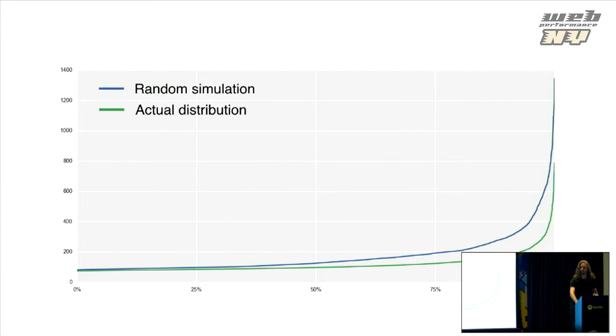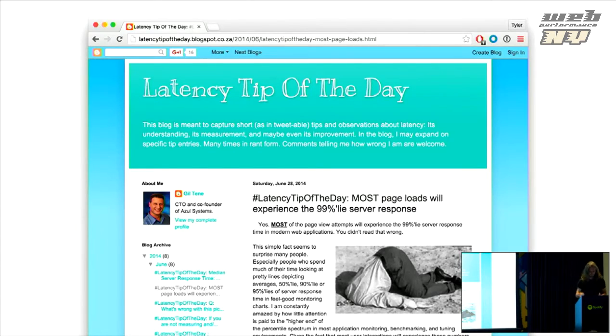But why does that end up mattering? Well, who here is familiar with Gil Tene? Yes, again, introducing really cool stuff. Okay, so Gil Tene has been writing about latency for a long, long time and has written some fantastic articles about why long-tail latency matters a lot, especially for end user performance. So the way this ends up going is something like this.